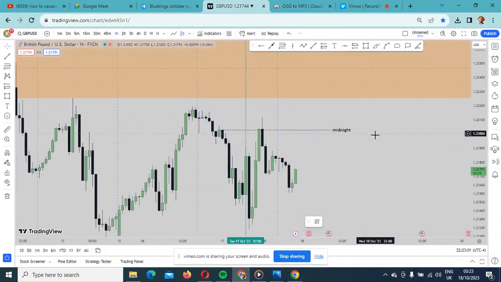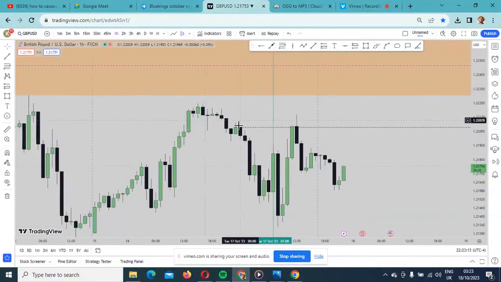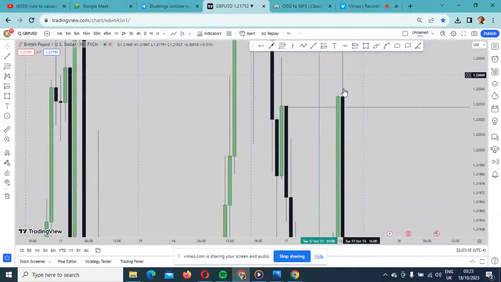Now whenever, listen to the rule, whenever the midnight is naked, don't forget that it has not been run even during the London session. It's looking very, very bare.